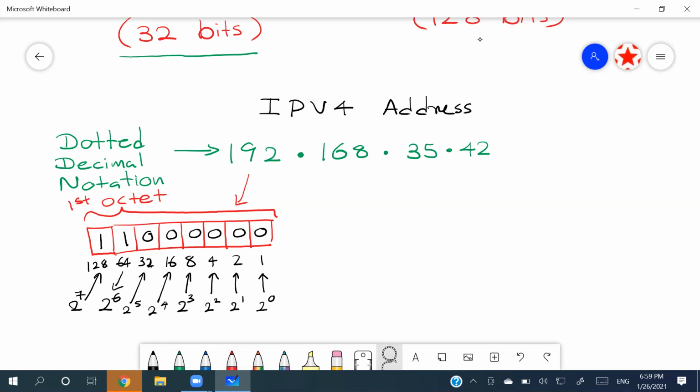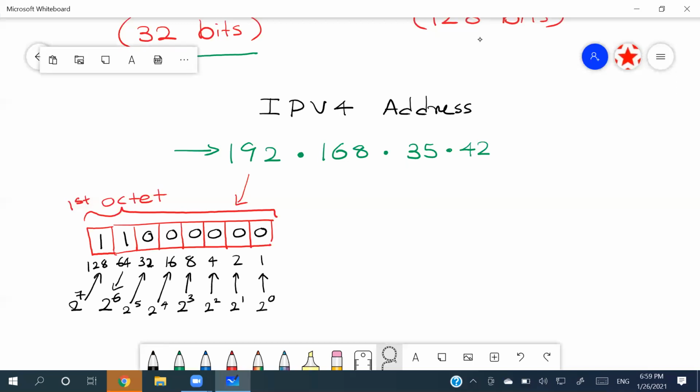Right, first octet. Right, so likewise each and every dotted decimal value is represented like this.